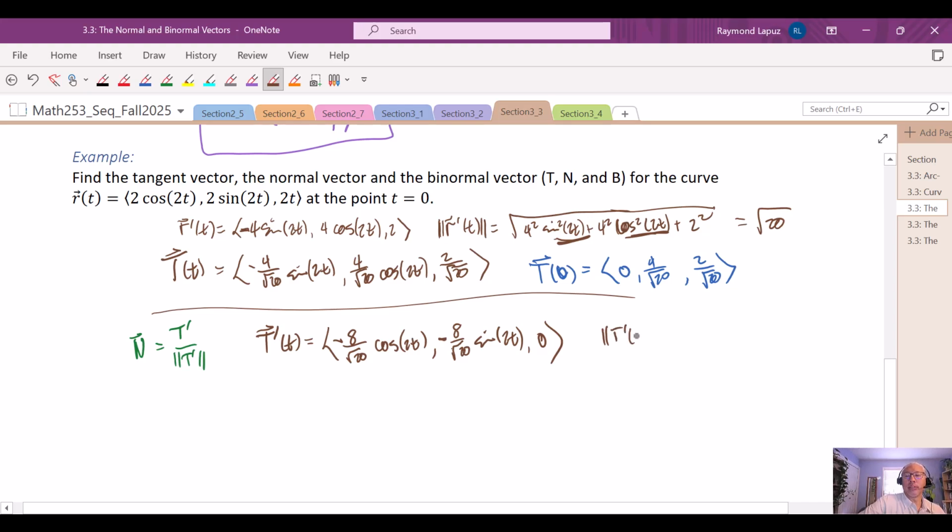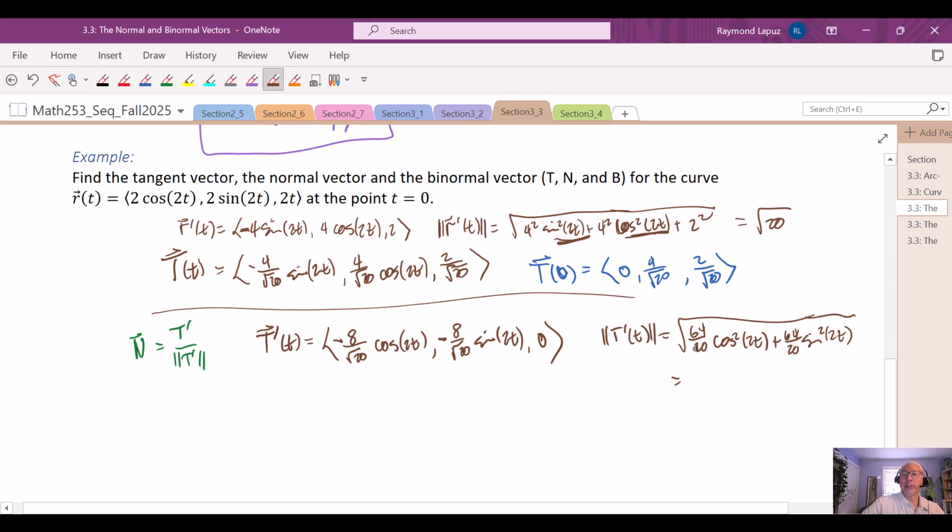So the magnitude of this is equal to the square root of 64 over 20 cosine squared 2t, and that'll be positive because it was squared, and another 64 over 20 sine squared 2t, and then 0 because the last part is 0.